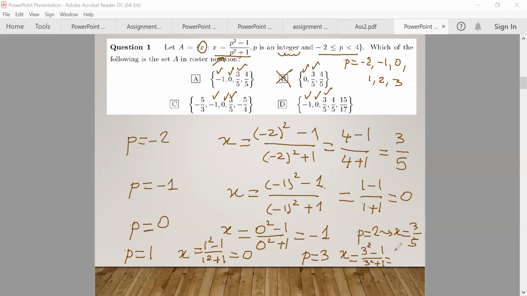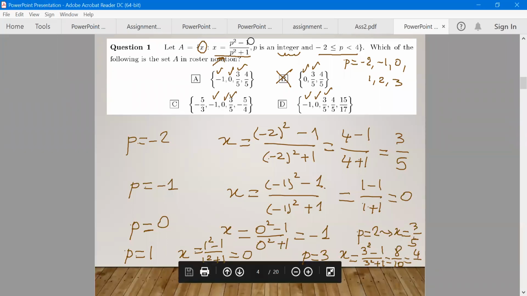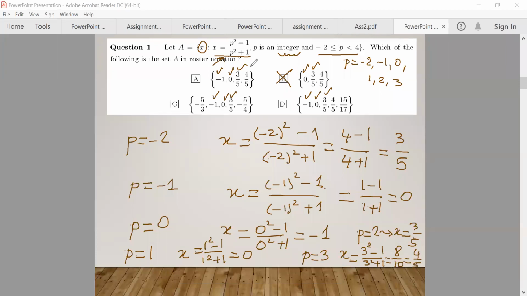It's 8 over 10. We simplify. It's 4 over 5. So the last element of this set is 4 over 5. And we have all the elements of the set A here. So this is the correct answer.